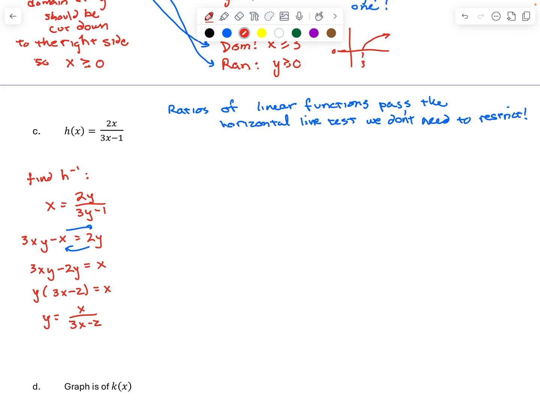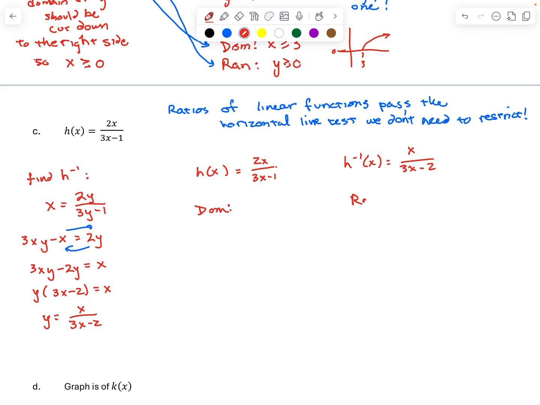Okay, so it's actually easier to find the range if you look at the inverse function in these cases.